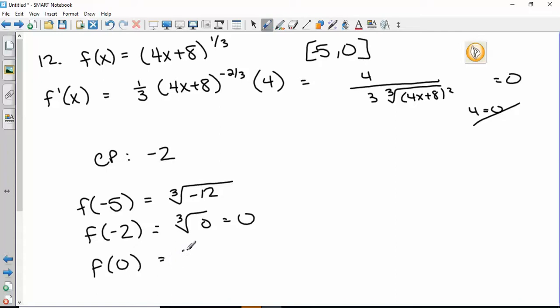If I put in a 0, I get the cube root of 8. I don't even really need these decimals, because what kind of number is this one going to be? A negative. That's my only negative, so it has to be my absolute minimum. I have a 0, and then this would be a positive, so it's the absolute max.